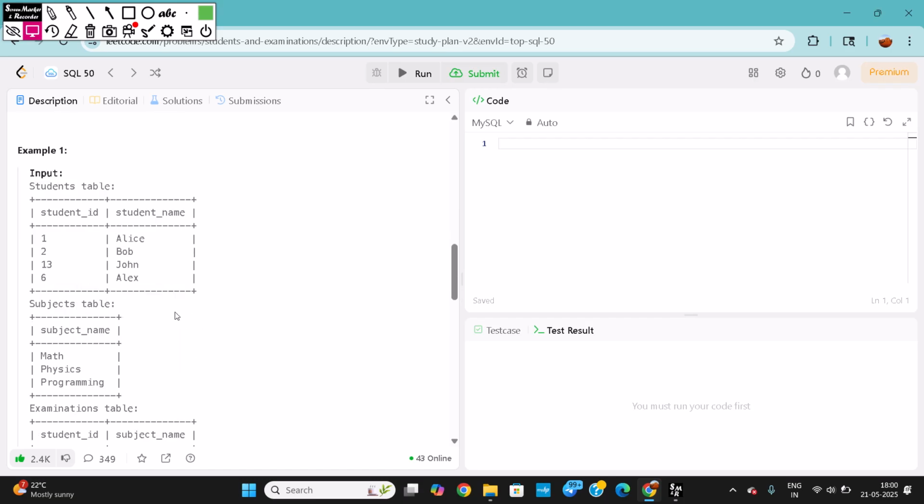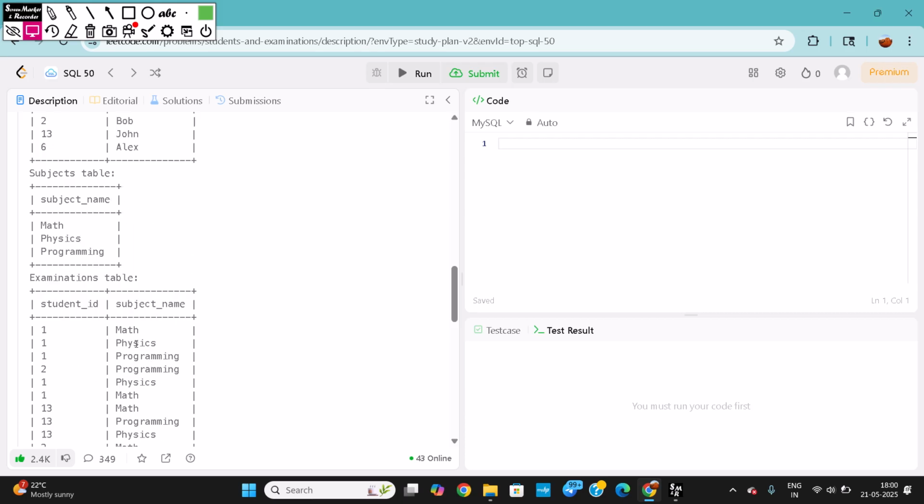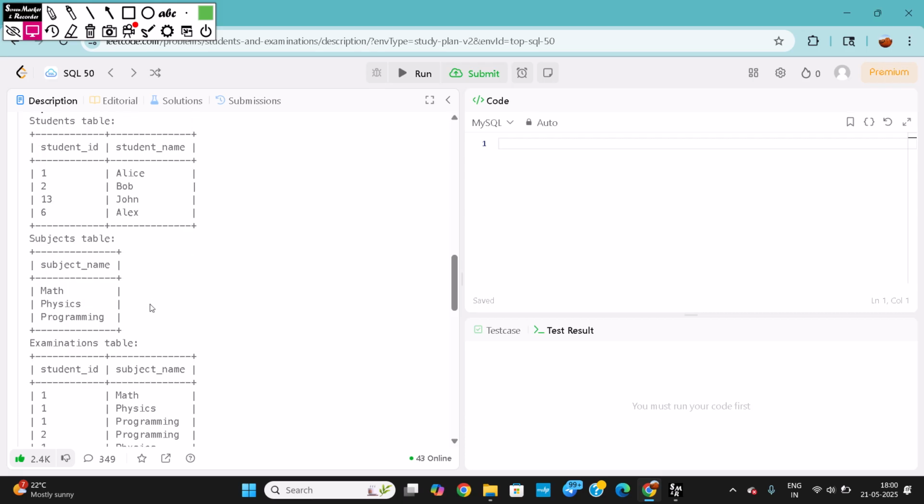So here the input has student IDs 1, 2, 13, 6. Let's see the problem first. For example, student ID 1 means Alice. As they mentioned earlier, the subjects should be taken by each student, so let me write this. This Math subject is taken by Alice, with Physics as well as Programming.